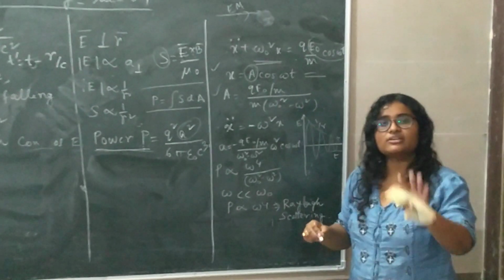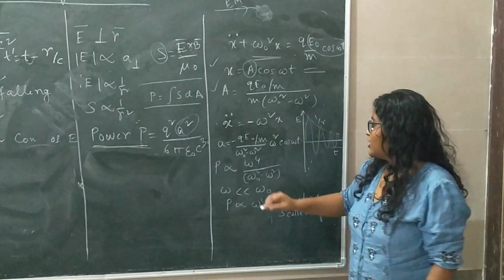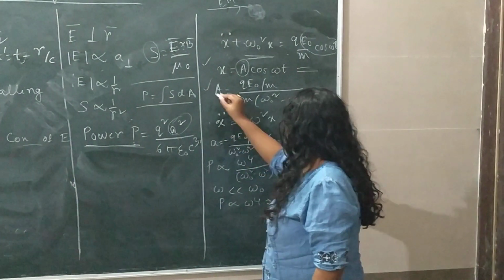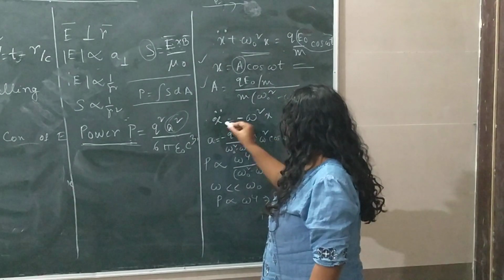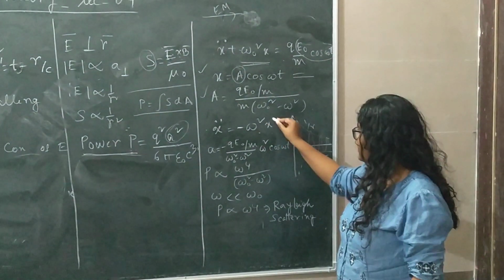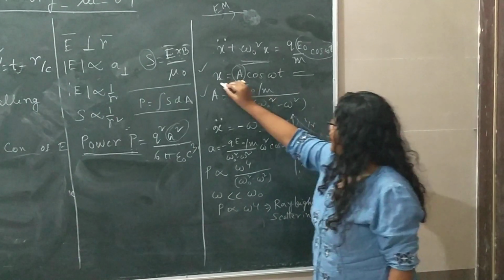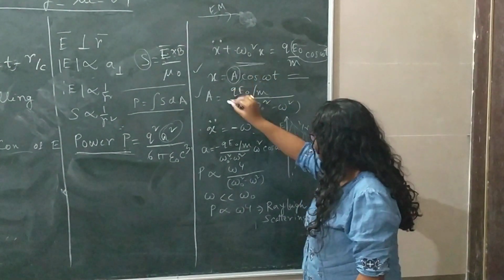When you find the displacement x, you take the second derivative, x double dot, which gives the acceleration term, minus omega square into x. So I put x equals a cos omega t, and x double dot equals minus omega square into x, where the value of a is as above.